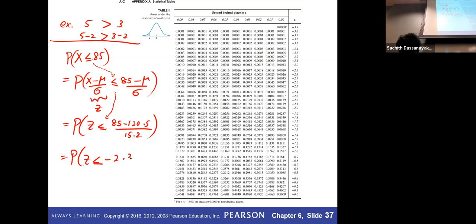Negative 2.33034. Yeah. So same thing, but using different notation. Clear? So sometimes, if you are familiar with this process, these calculations, you can simply use this. Okay. Using our notations.